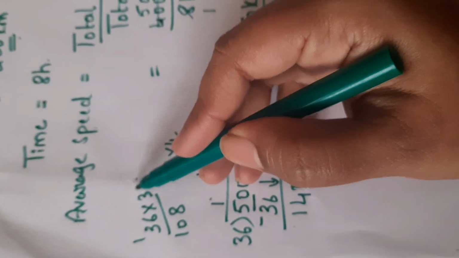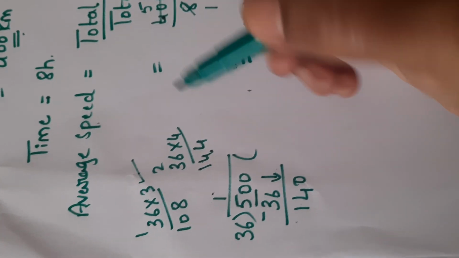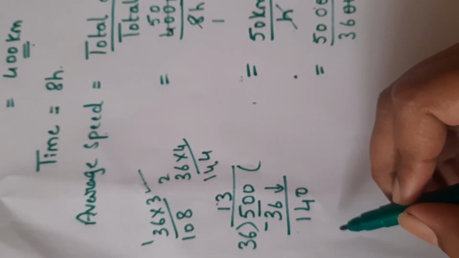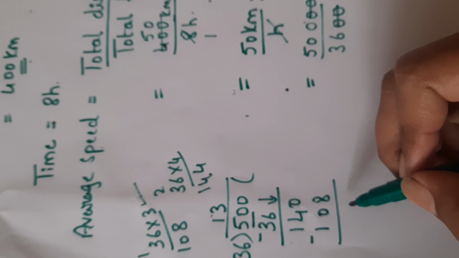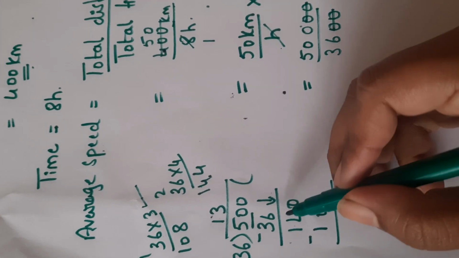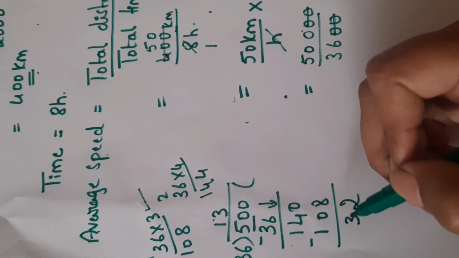So we should go with 36 into 3. We got 108. Subtract. 10 minus 8 is 2. 3, 1 minus 1, 0.